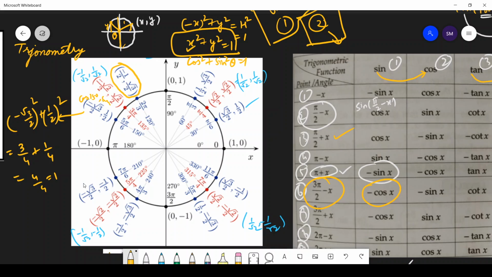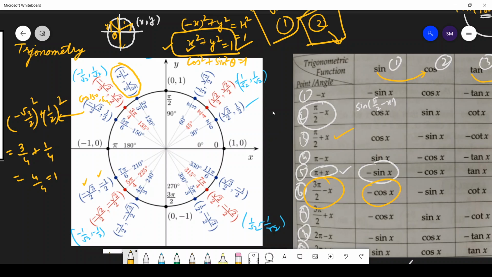So squaring both the coordinates and adding them, you will always get 1, because all the points on this circle satisfy this equation. Is this okay, students? Yes, sir.